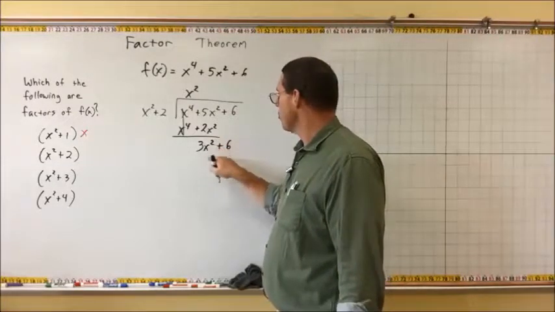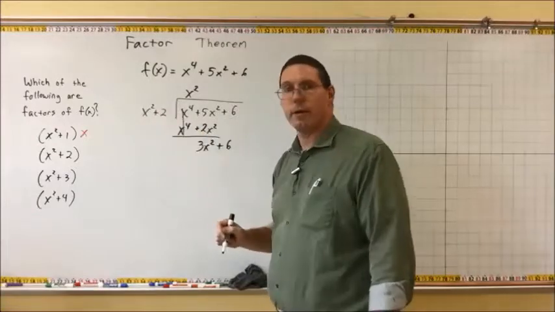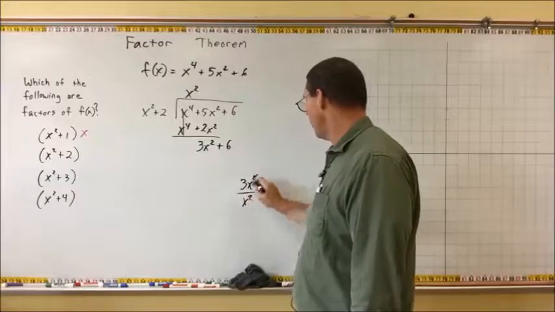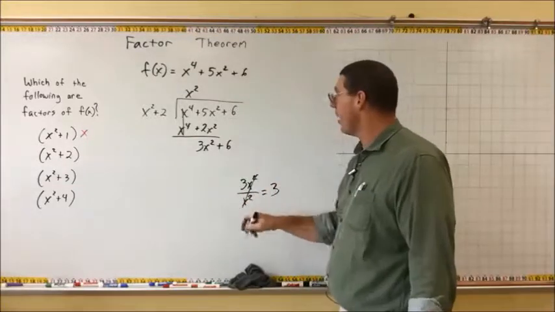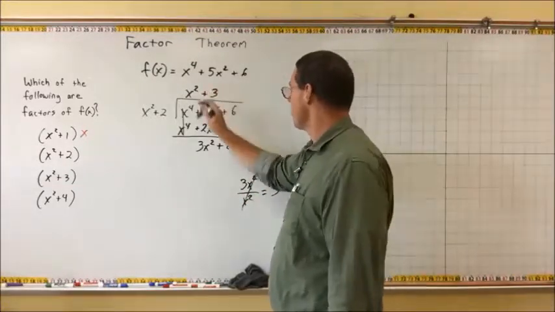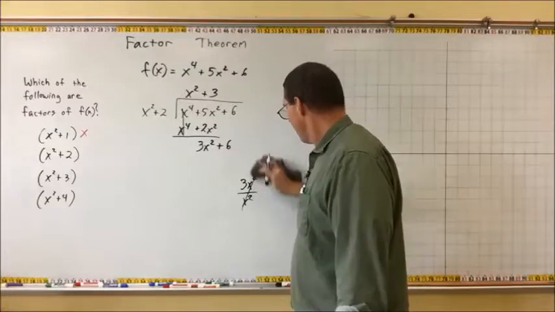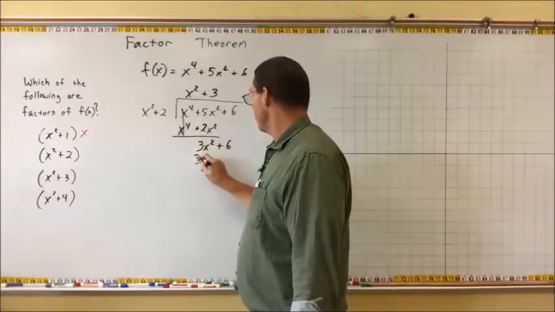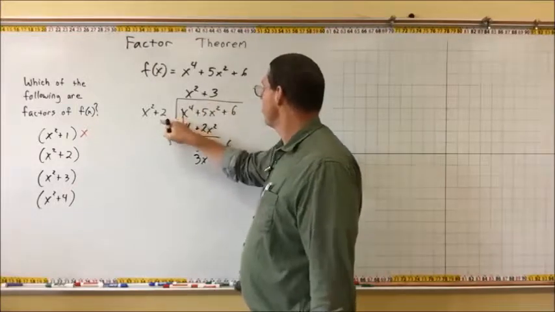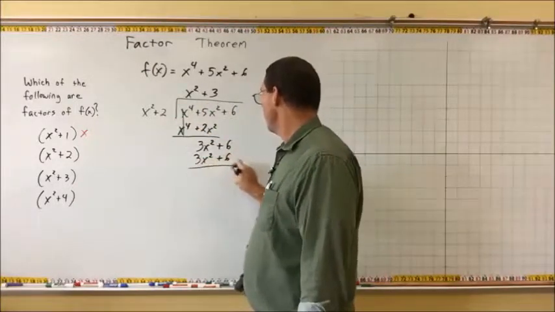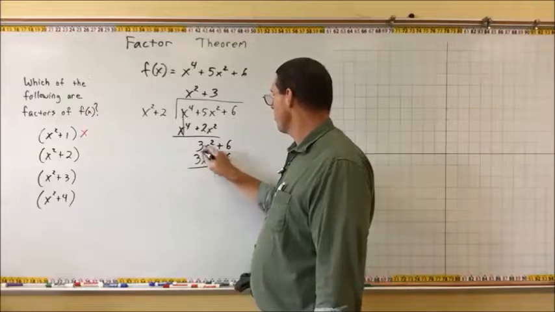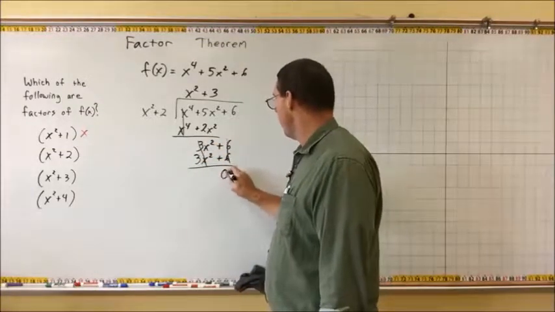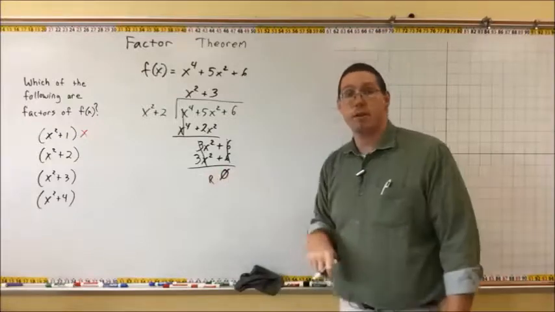What is 3x squared divided by x squared? They cancel, and what do we get? 3, right? So we're going to have plus 3. It's a positive 3. All right? 3 times x squared is 3x squared. 3 times 2 is 6. 3x squared minus 3x squared cancels. 6 minus 6 cancels, and we have a remainder of 0.